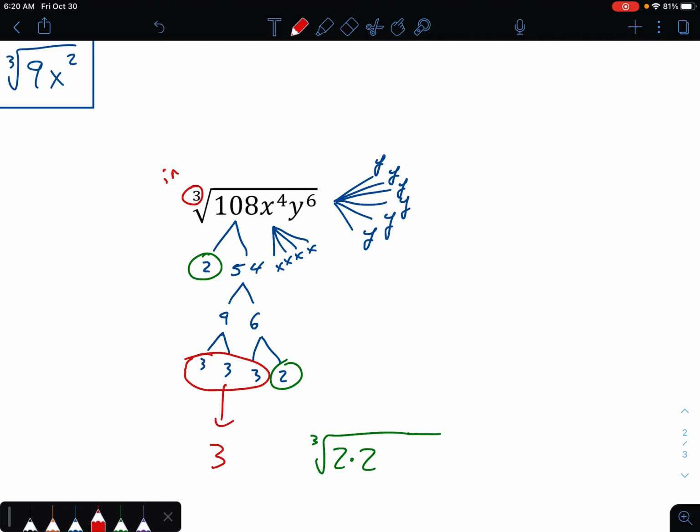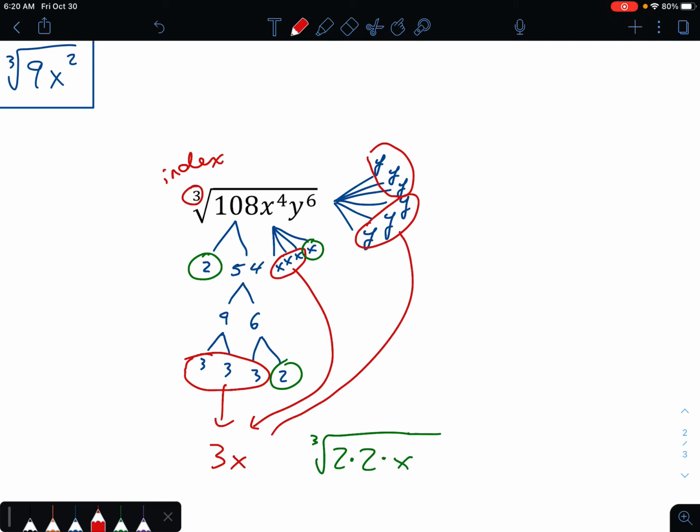Anyway, I want my triples because 3 is my index. There's my 3 x's. They come out as an x. I have a single x left over with no 2 other partners. He needs 2 other people. Then with my y's, I need 3 of them. Here's 3 of them. Here's another 3 of them. So I get 2 groups of y's coming out, a y and a y.